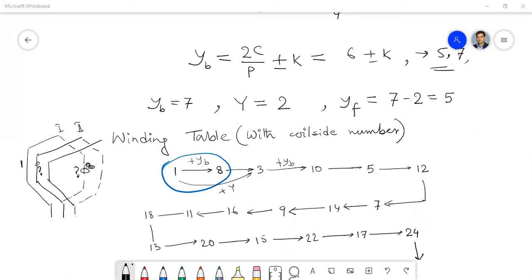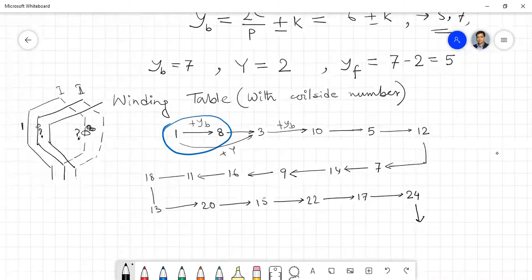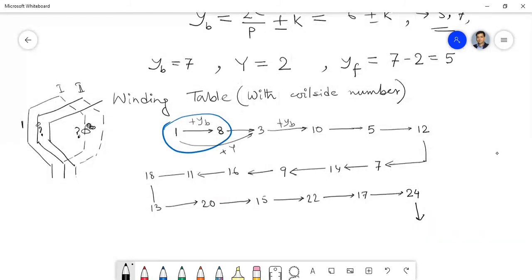Let me ask somebody else. Rooplekha Rai. Yes, sir. What will be the next coil side? 19 and 2. Can you explain?